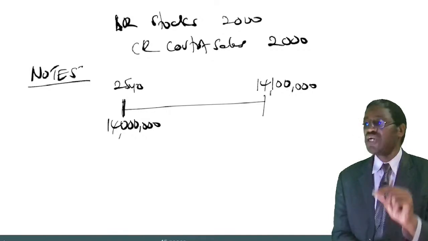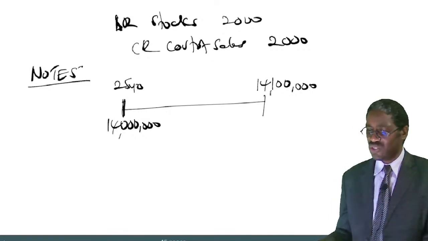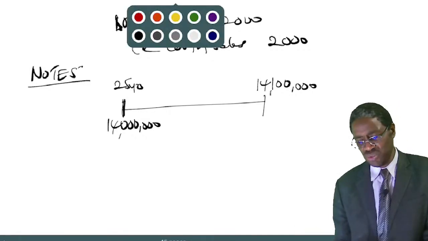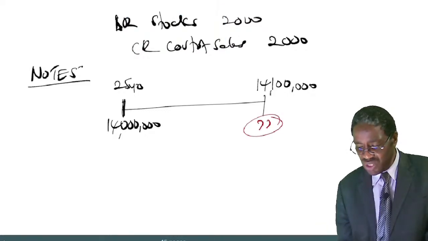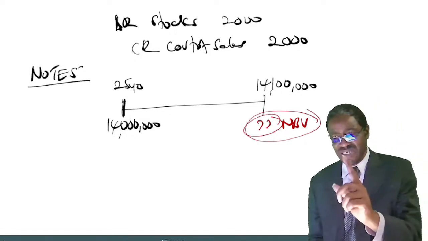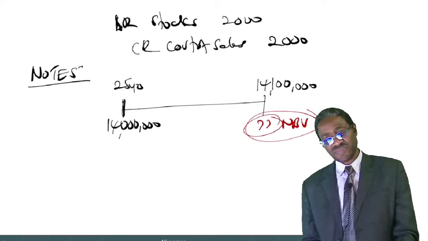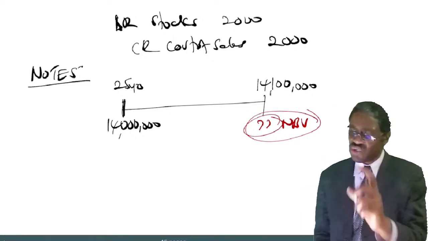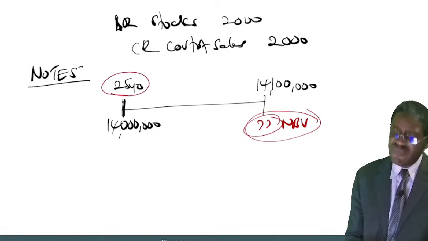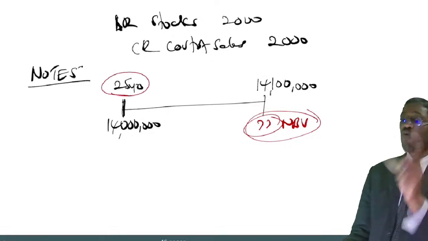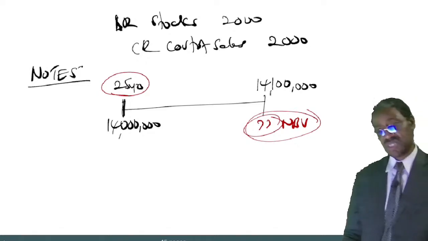Listen carefully. You can't know the gain or loss on revaluation until you know what is the net book value of the building as at the end of the year. The question has told you, as from the beginning of the year, the building had a remaining useful life of 25 years.